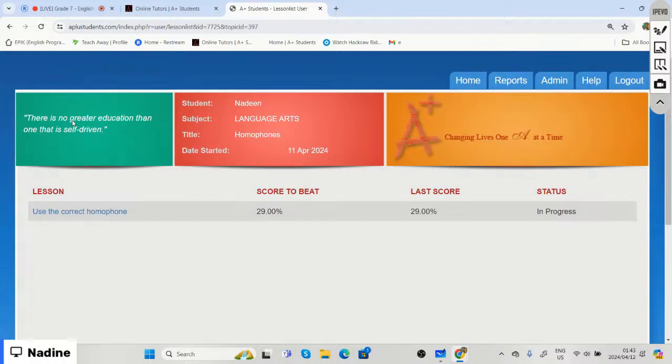All right, so we said that we did homophones, and homophones are a group of words with the same sound.